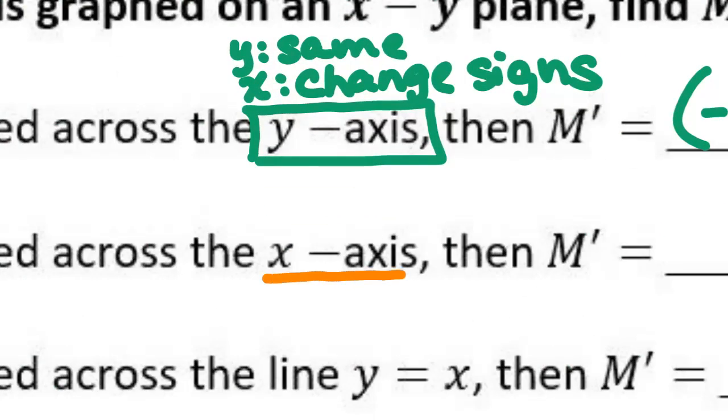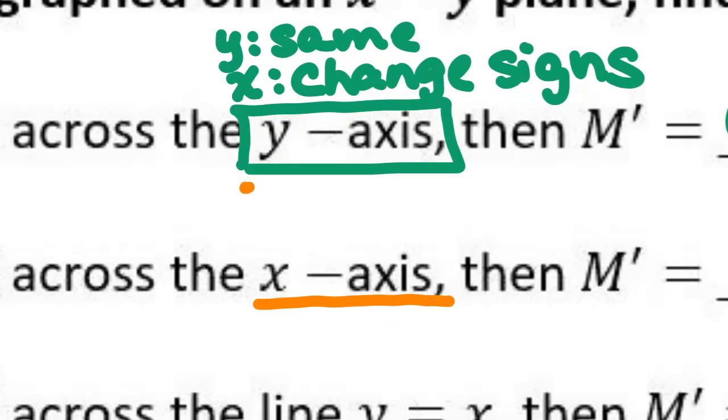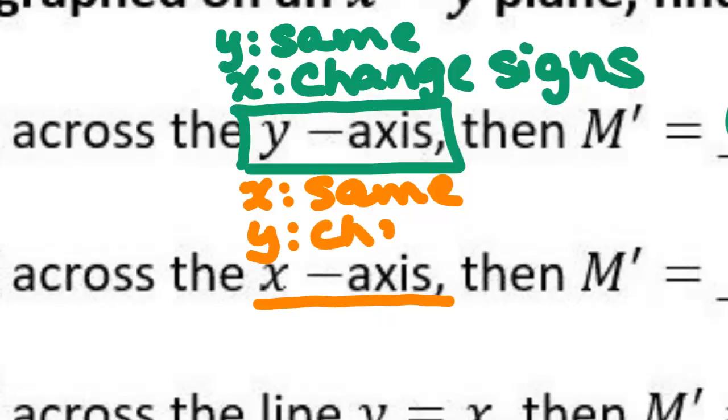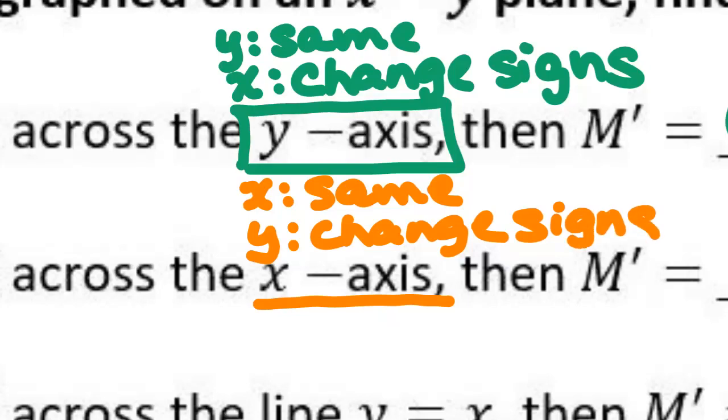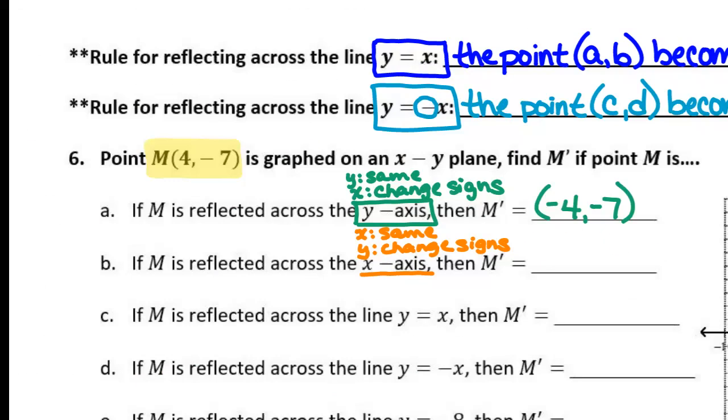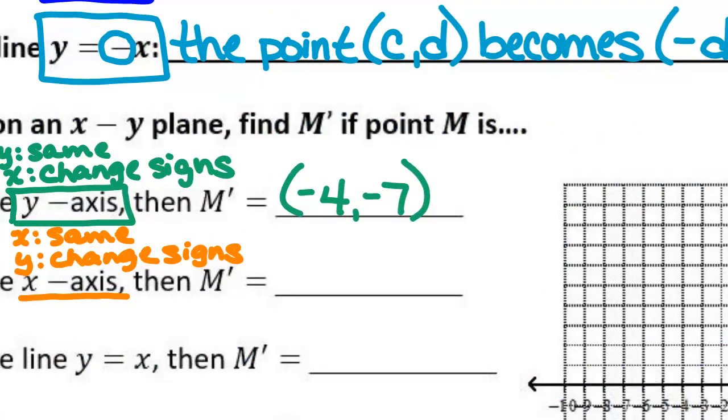If we reflect across the x-axis, now x is the thing staying the same, and y is the thing that changes signs. So going back to point M, x stays the same, y changes signs. What will M prime be? 4, 7.